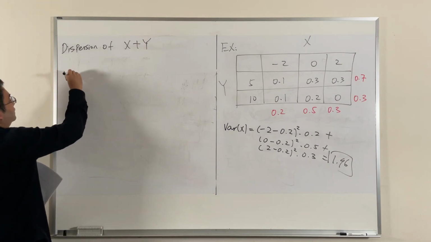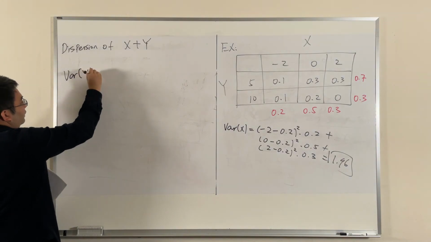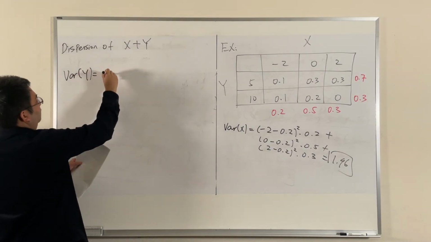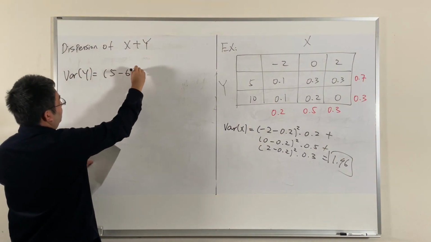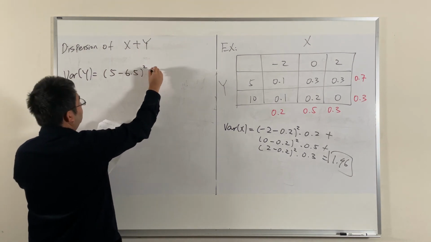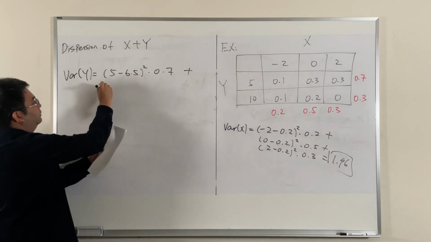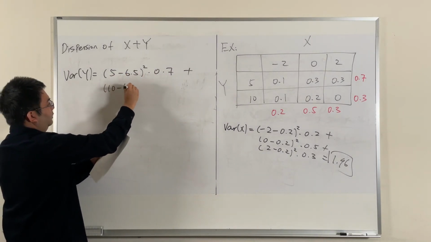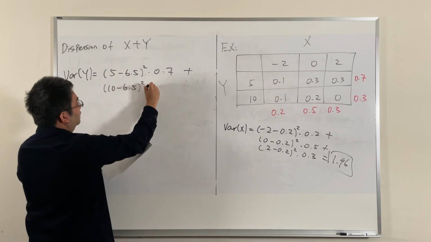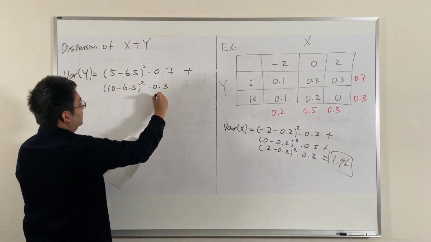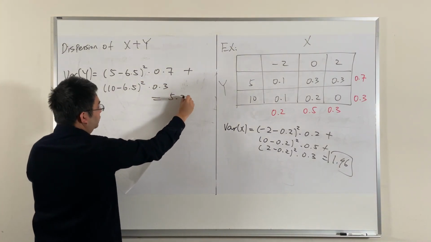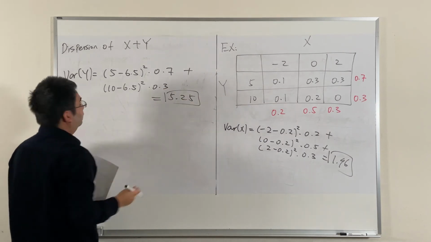It's the same method: the first value minus the mean, squared, times the marginal probability, plus the second value, 10 minus 6.5 squared times 0.3, and this equals 5.25. So that's the variance of y.